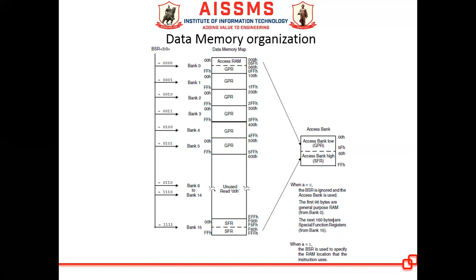This memory is divided into 16 register banks, bank 0 to bank 15, and each bank is of 256 bytes. If you take a look at the first bank, the addresses start from 000 and go up to 0FF. The second bank starts from 100, goes up to 1FF, and the last memory bank, which is the 16th memory bank, starts from F00, goes up to FFF.